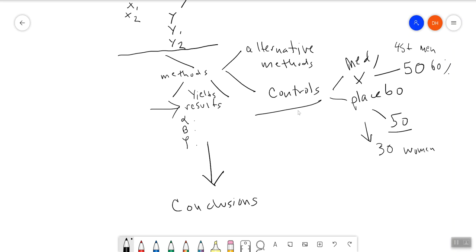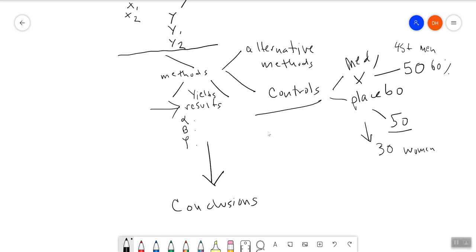That control is terrible. Our methods are not going to work. We're not even approaching science. We're not even approaching a workable experiment here. So that's what I mean by controls. That's what I mean by methods.